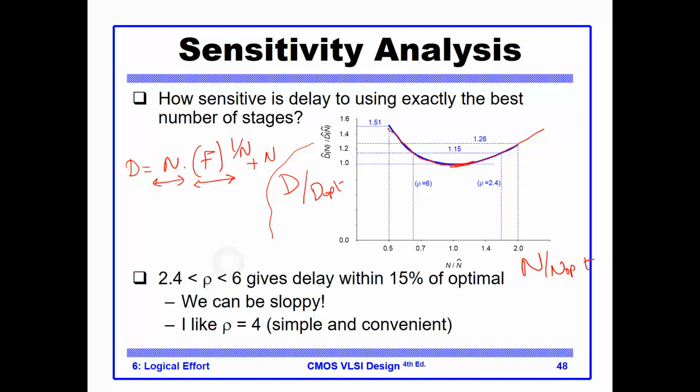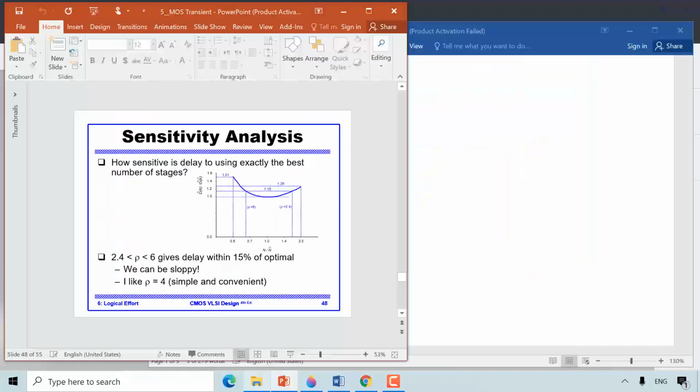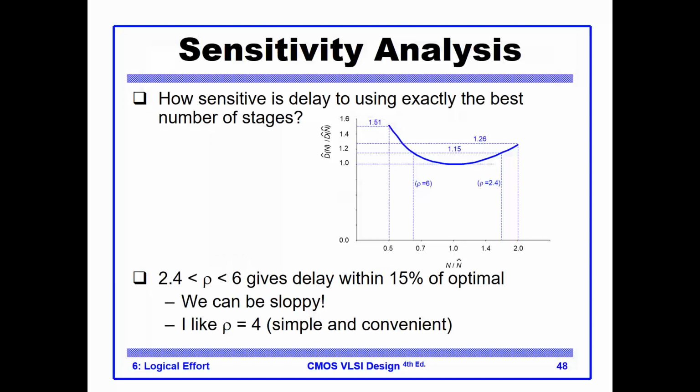So you can see that this is the typical optimization problem. Some factors: n times f to the power 1 over n, plus n, I'm assuming inverters design. So this is the delay.